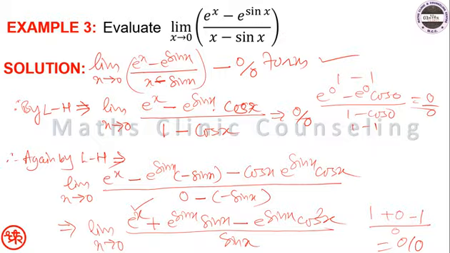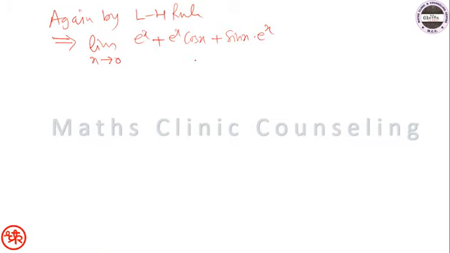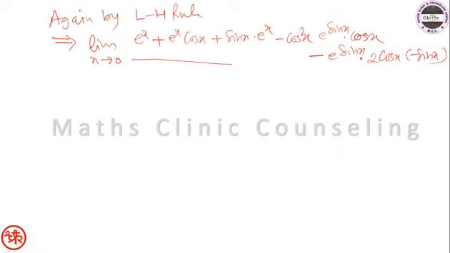Minus cos square x into e to the power sin x into sin x derivative cos x. Okay, then minus e to the power sin x into derivative of cos square x, which is 2 cos x into minus sin x, and the whole is divided by derivative of sin x, which is cos x.